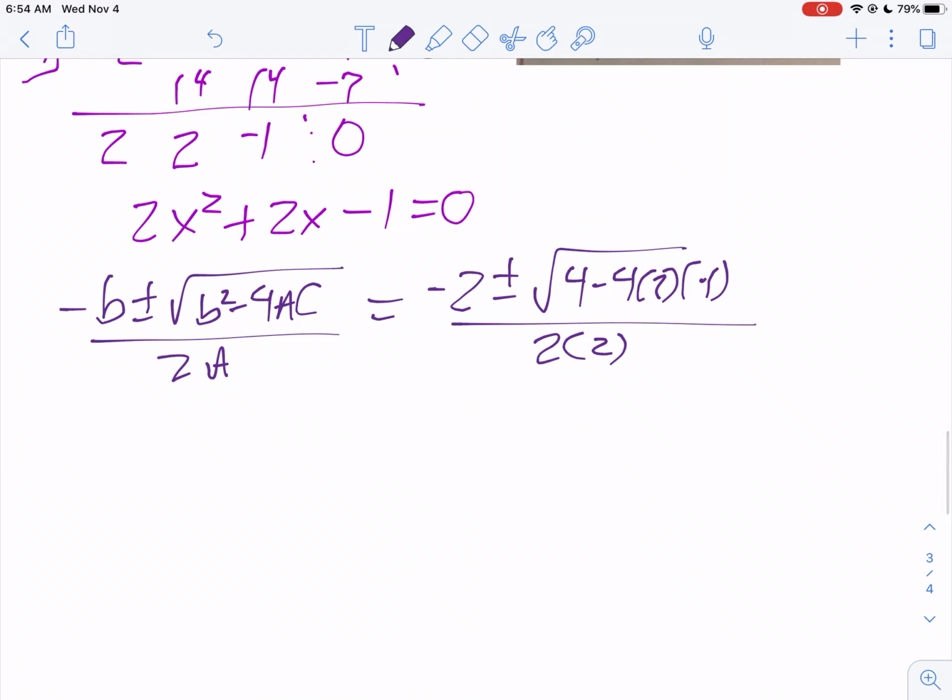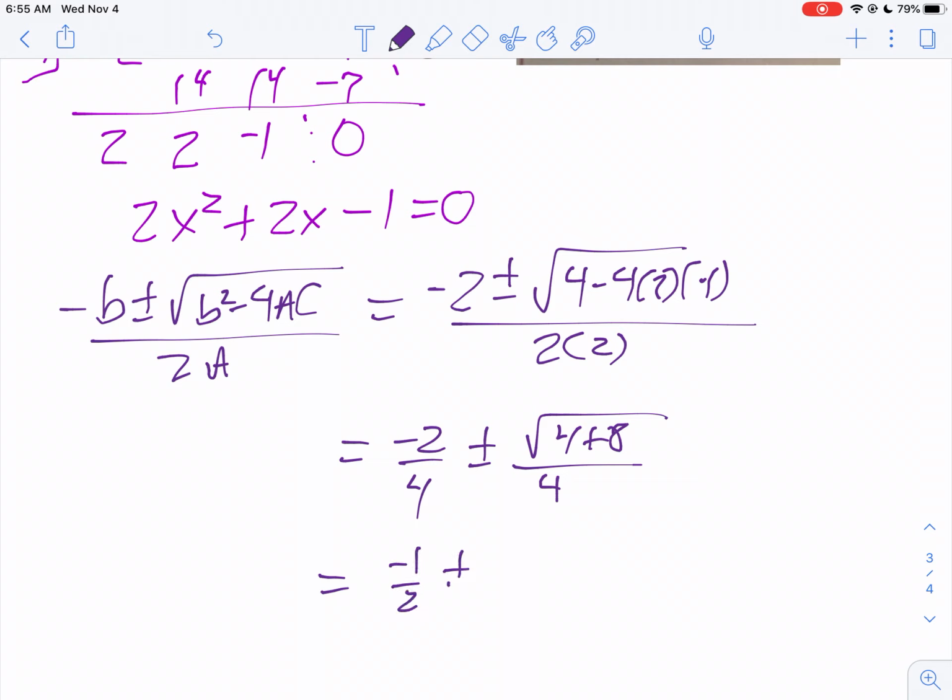So now it's just a question of simplifying. I'm going to rewrite this as -2 over 4 plus or minus, and a negative times a negative is a positive, so 4 plus 8 all over 4. Getting ahead of myself. I can simplify -1/2 plus or minus the square root of 12 all over 4.